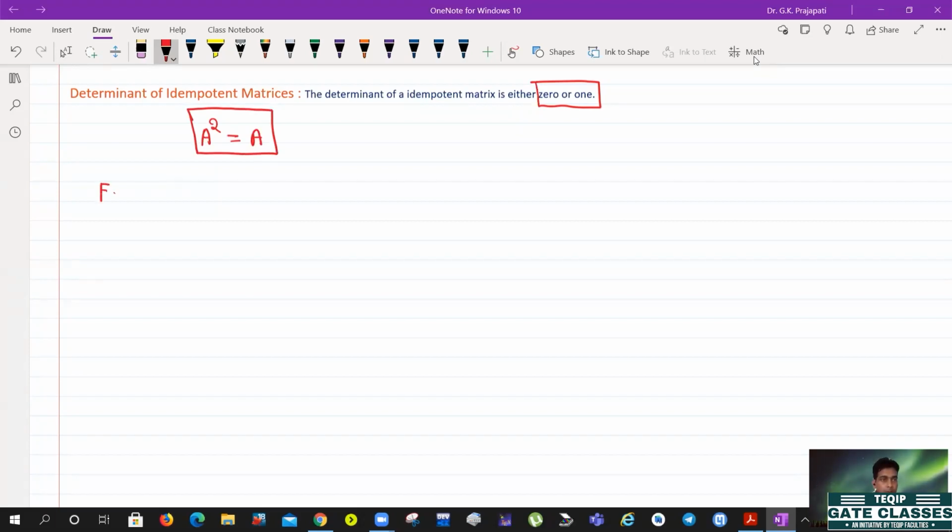Now you can see some examples of idempotent matrices, like identity matrices. The identity matrix is idempotent because it satisfies I square equal to identity.